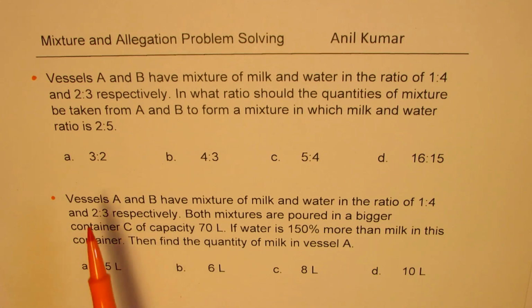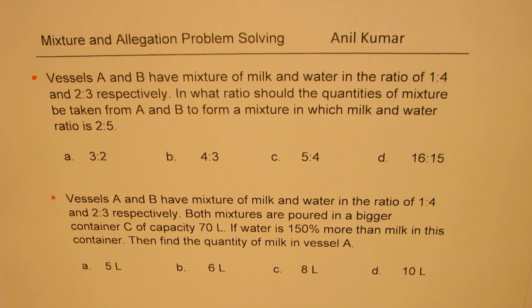As you can see here, these are multiple choice questions. Now these are very popular questions from many test points of view, and sometimes you are required to answer these questions within a few minutes. Let us see how to solve them in the standard way and also using the shortcut, which is normally called the allegation method.